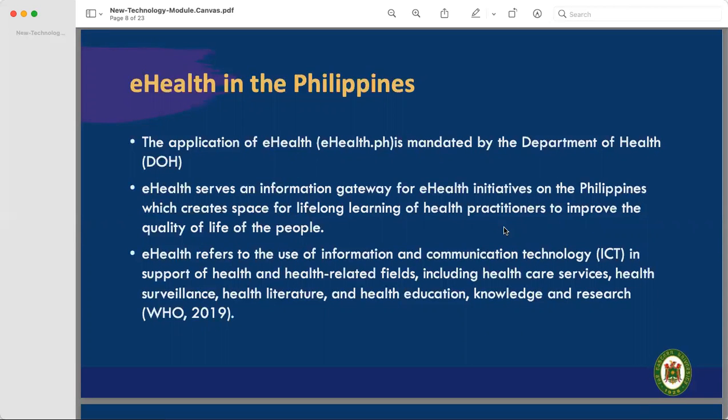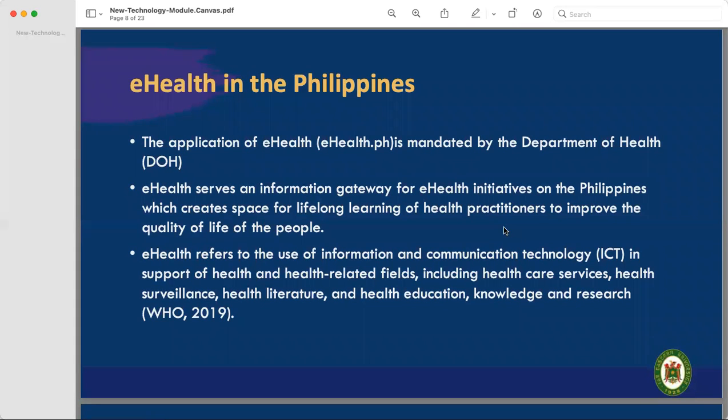E-health serves as an information gateway for e-health initiatives in the Philippines, which creates a space for lifelong learning of health practitioners to improve the quality of life of the people. So right now we are already integrating nursing informatics in the nursing curriculum. So we hope to be able to contribute to these e-health initiatives in the Philippines.